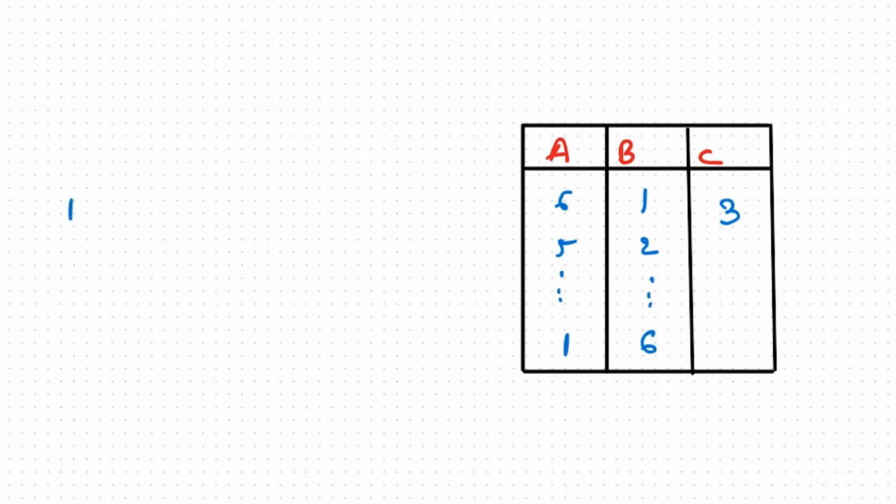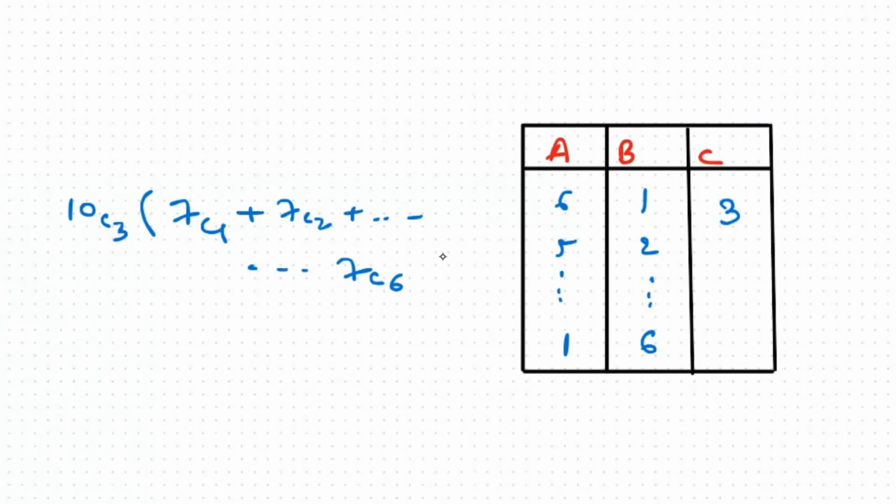Then 10C3, that is any 3 students from the 10 students, and then here the remaining will be 7, so 7C1, and the remaining 6 students will go in A, so no need to count it, plus 7C2 plus and so on up to 7C6.